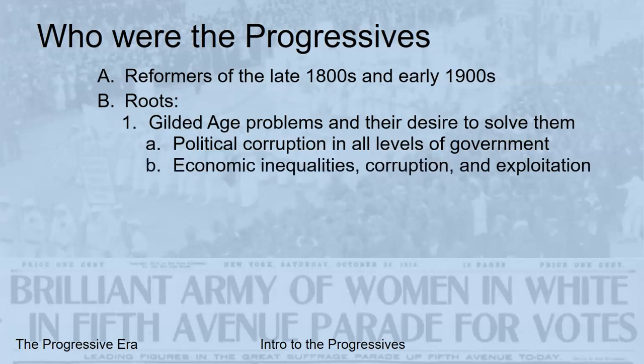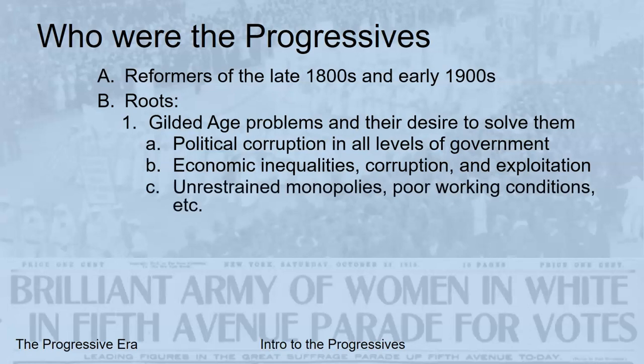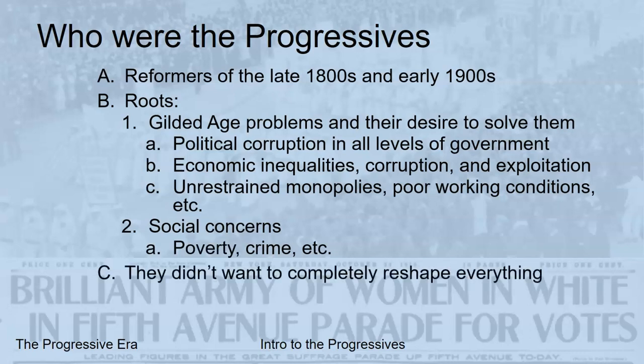Some of those problems were the political corruption, the political machines that existed at the local, state, and national level, the economic inequalities between the super rich and the super poor, the corruption within business, the exploitation of the consumers and the workers, the unrestrained monopolies that were out there taking advantage of everyone. They also had social concerns. There's poverty, there's crime. How do we clean those things up?